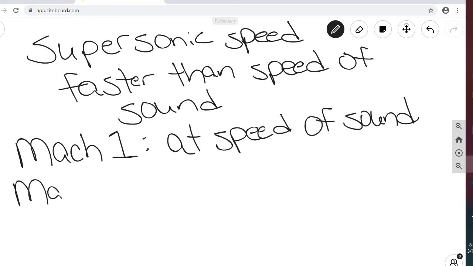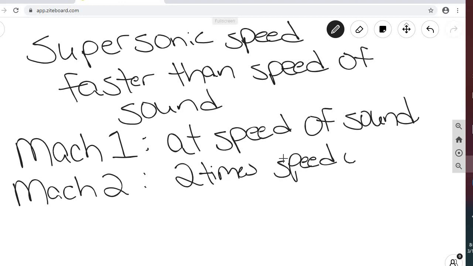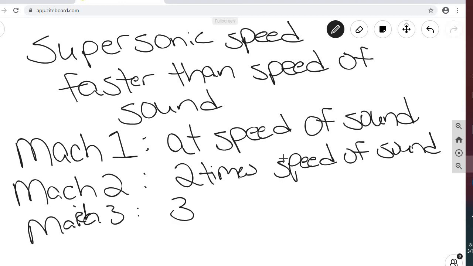If a plane is traveling at Mach 2, then it would be traveling 2 times the speed of sound. And then Mach 3 would be 3 times the speed of sound, etc.